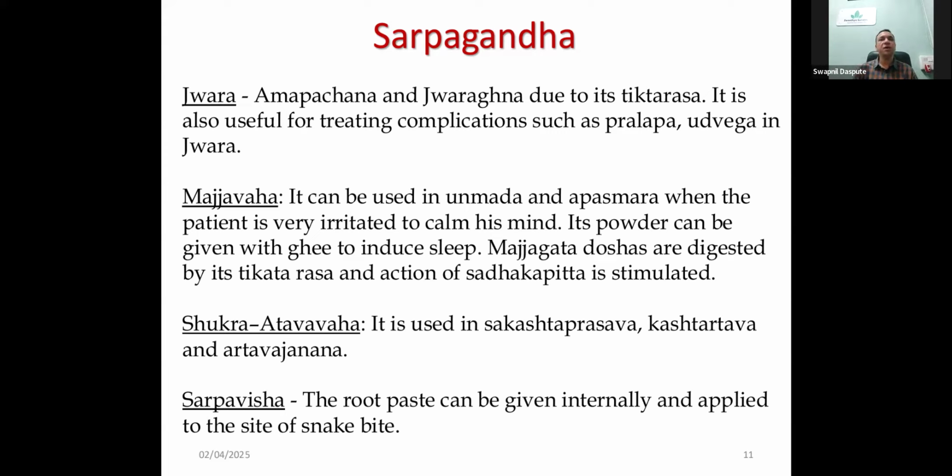Irreversible damages, of course, are difficult to treat. Wherever reversible damages are there, it can help in reversing the effect of the snake venom on those particular organs. Okay, so in that case, you can certainly use Sarpagandha.